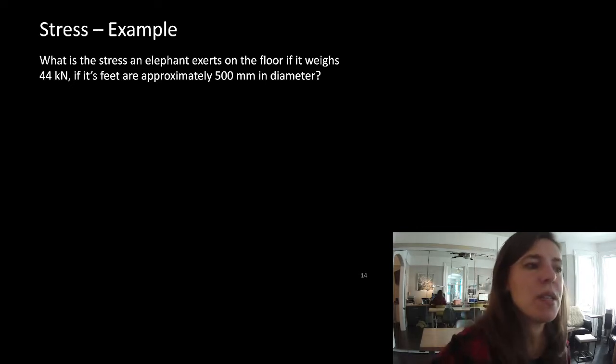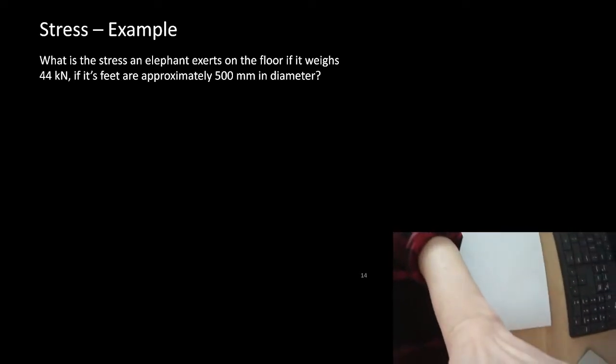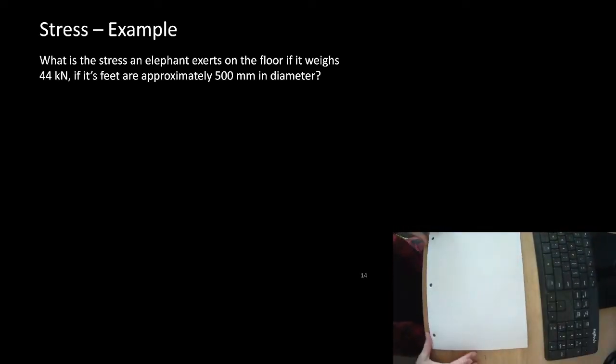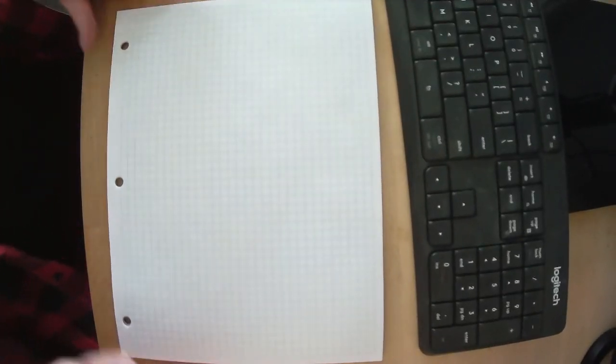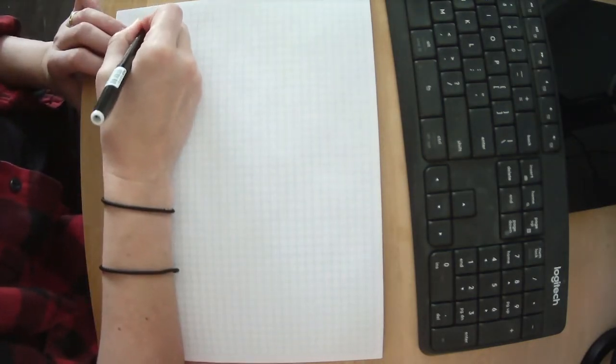I'm going to turn my screen, I'm going to turn this down. I think this locks in place now. Yeah, I've got that fixed somewhat. Okay. So let's take a look at what we've got. We know what the force is.